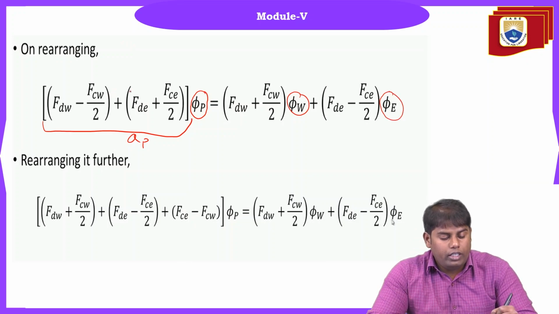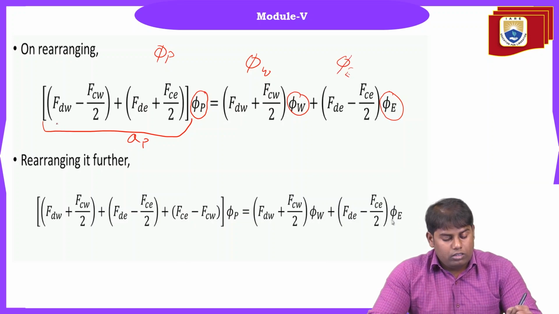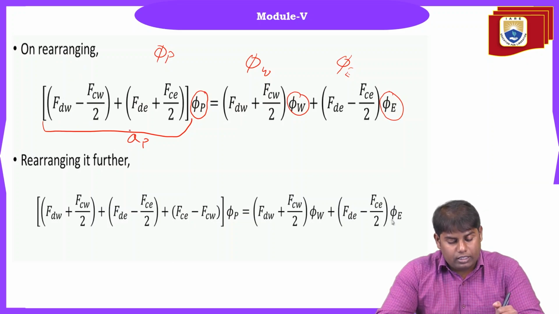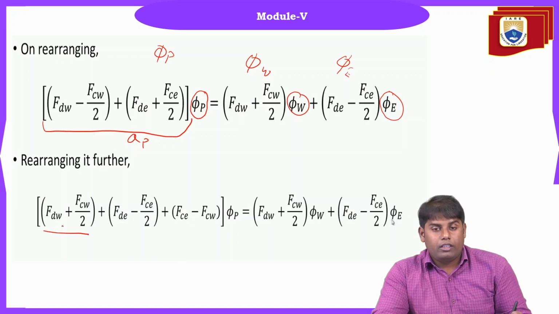So here we are rearranging the equation such that we collect all the coefficients of phi P, all the coefficients of phi W and all the coefficients of phi E. If you further rearrange this phi P term, you can see this is FDW, the diffusive flux at the west face, plus the convective flux at the west face by 2.